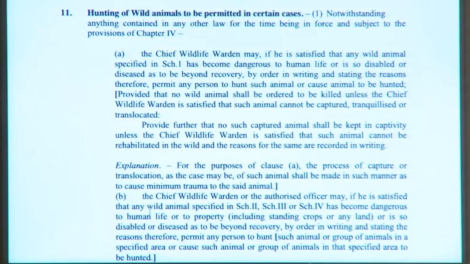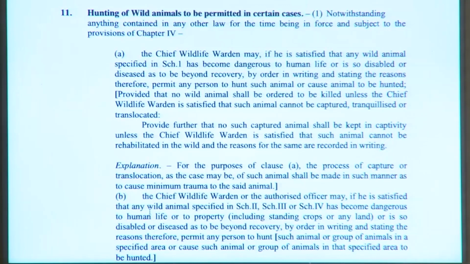So, in the case of schedule 1, if it is dangerous to human life, now mind here that it does not say dangerous to human life or to property. So, if there is an elephant that comes under schedule 1, and it is entering the fields of villagers and destroying the crops, can the chief wildlife warden make use of section 11A?